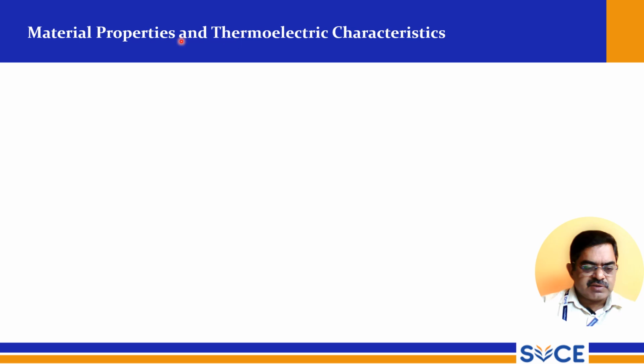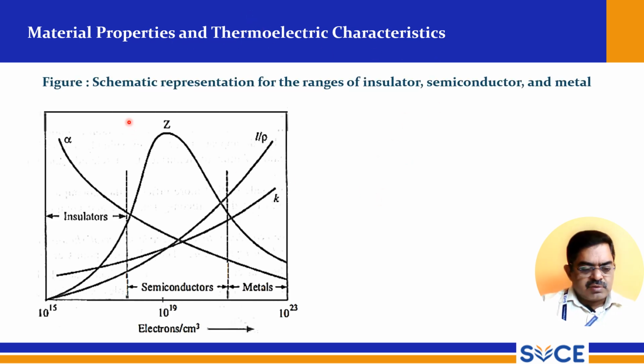Material properties and thermoelectric characteristics. Here the electrons per centimeter cube define the three types of materials, that is insulators, semiconductors and metals. Up to here it is known as insulators. In between these ranges we have semiconductors and then we have metals. These are the factors: this is the K factor, this is the I by P, this is Z the figure of merit, and this is alpha.